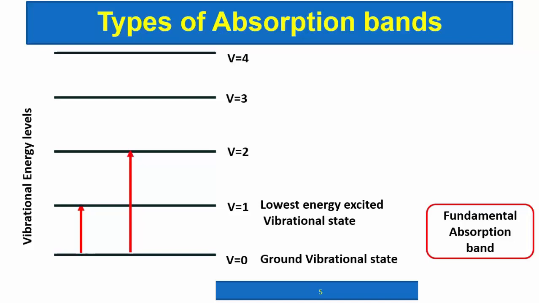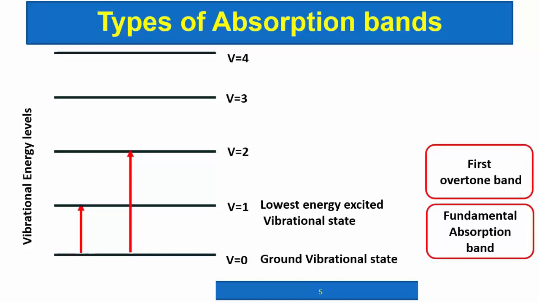So if this kind of transition occurs from nu 0 to nu 2, then that kind of absorption band is known as overtone.